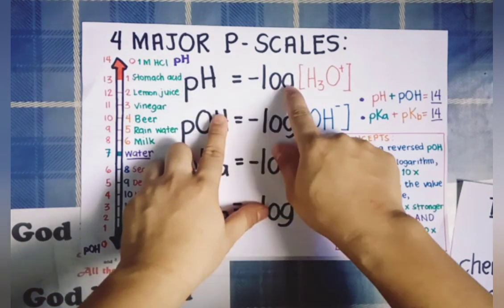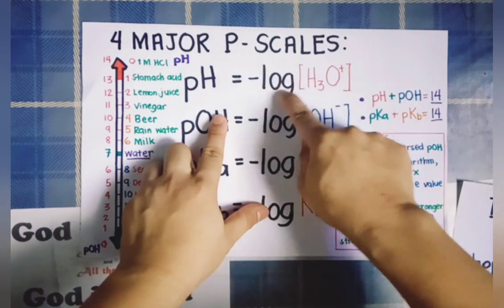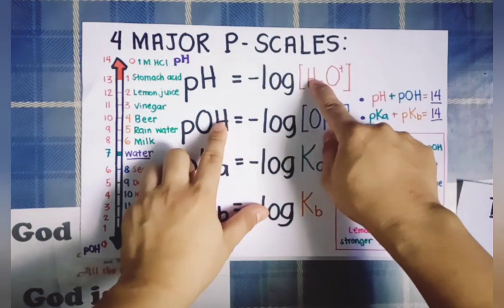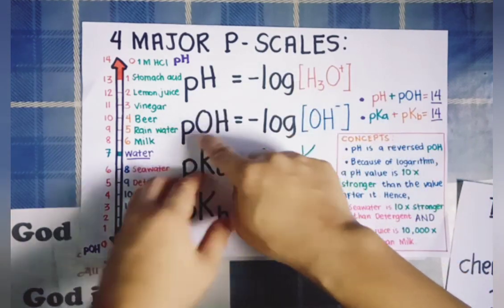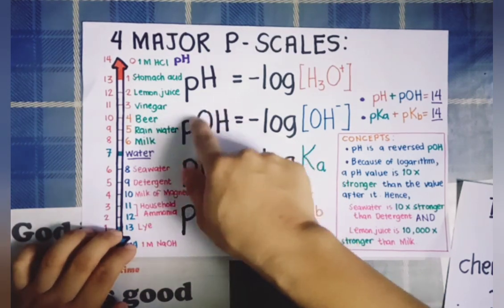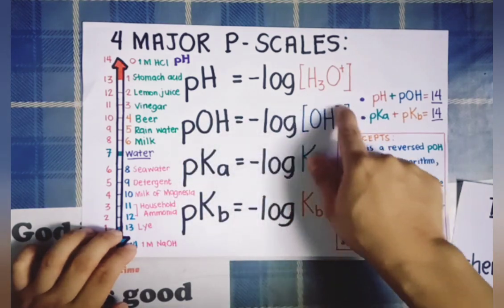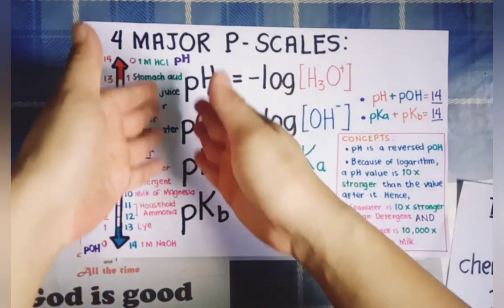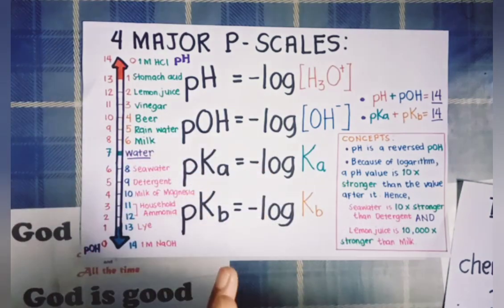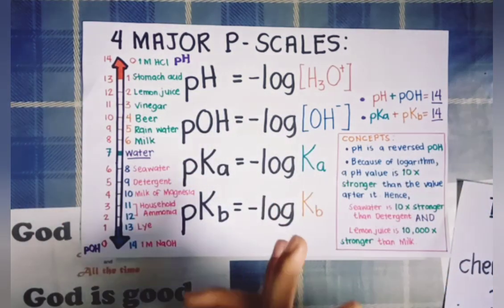Now, for example, pOH, power of hydroxide ion, is equivalent to negative logarithm of hydroxide ion concentration. So these P scales here are actually equivalent to decimal cologarithm of the thing that they are actually describing.